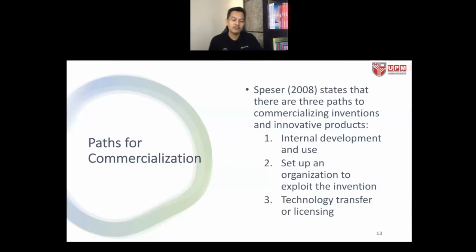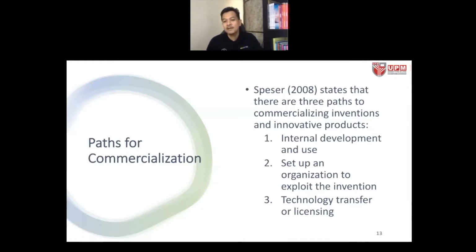For example, you have an R&D division in the company, and the R&D division produces something that is useful for the manufacturing in the same company, in your company. So it is also considered as a pathway for commercialization. And then the second one is setting up an organization to exploit the invention.